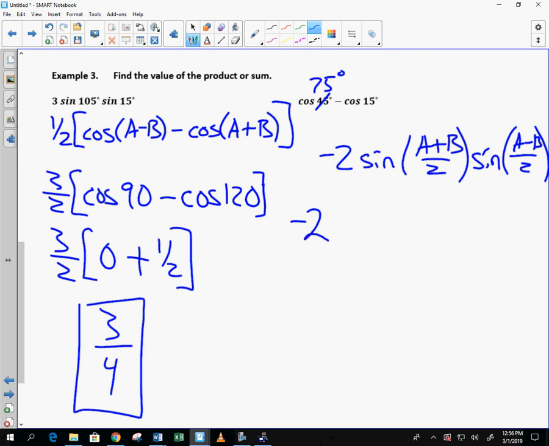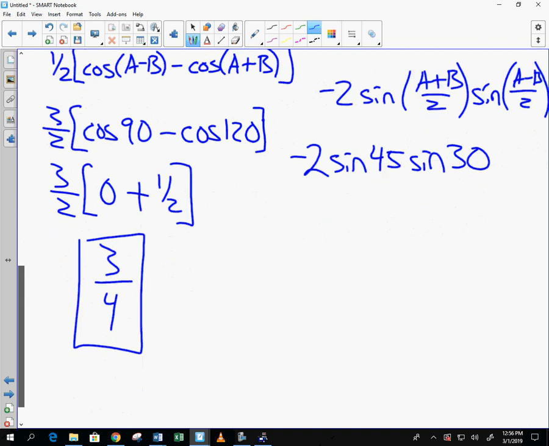2 times the sine of, what is a plus b divided by 2? 45. Nice work. Sine of, what is a minus b? 30 divided by 2? 60 divided by 2? You're just smarter than all of us, Willie. Stinking genius. -2 times sine of 45?